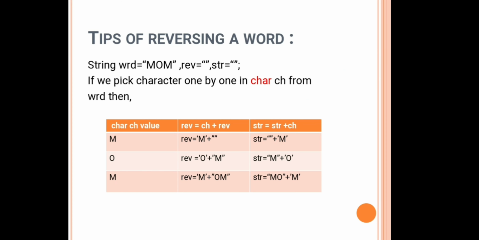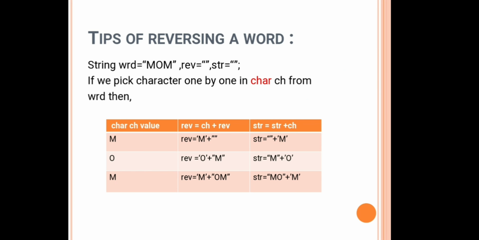Next, if I take M from the second position, I place it in the same way. In place of CH, I place M, and REV already contains OM. When I concatenate both of them, I get MOM. The same with STR: we already have MO, and I add CH, which contains M. MO plus M is MOM.